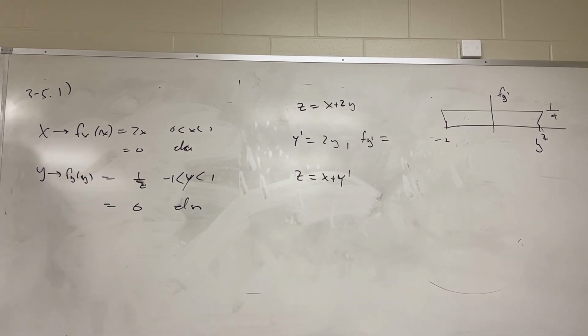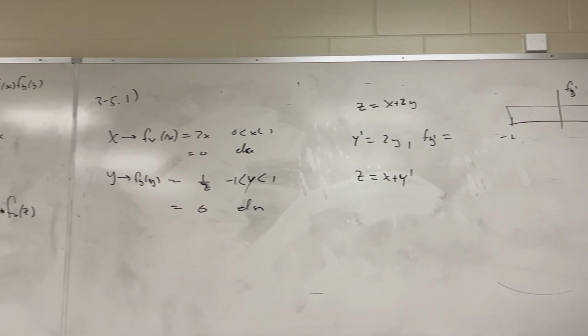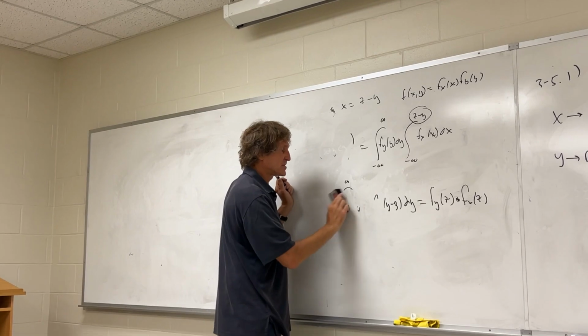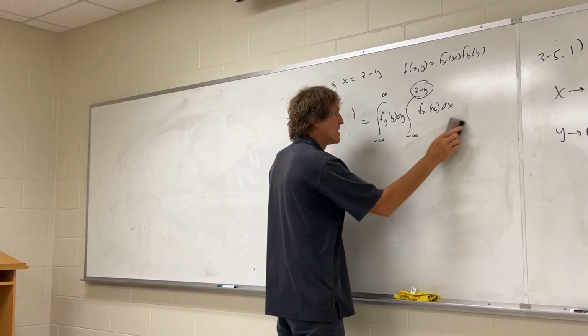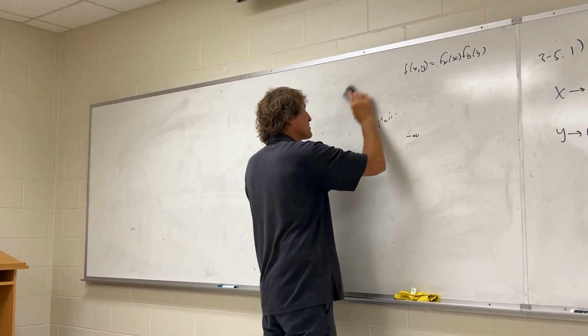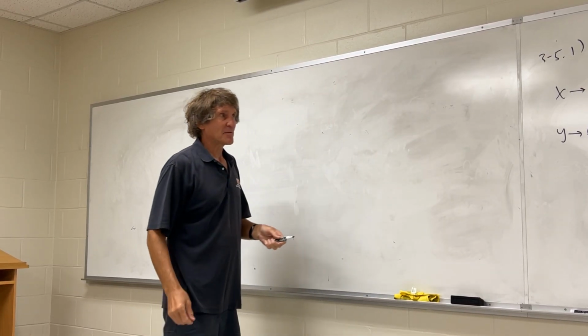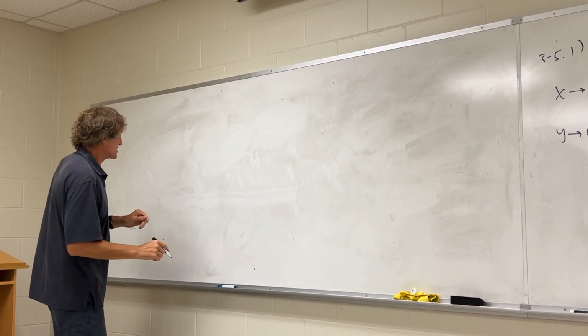I'll do that over here. By the way, his definition of the characteristic function is not consistent with our definition of the Fourier transform, but it doesn't matter because it's just the transform pairs we care about. And you'll understand what I'm saying in a second. So let's just deal with this one.